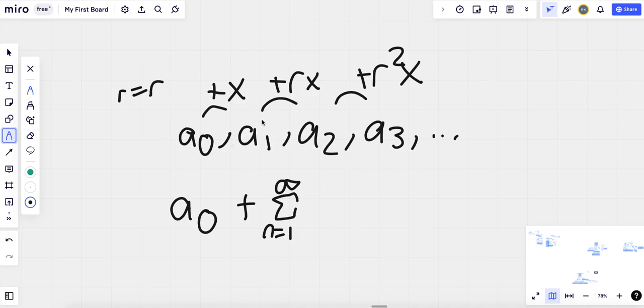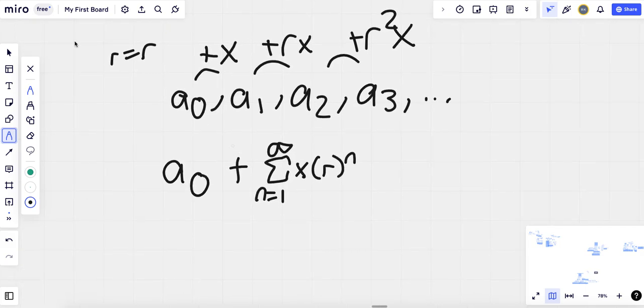And then we know that r is raised to 1 here, r is raised to 2 here. So this can be written as x times r to the n.